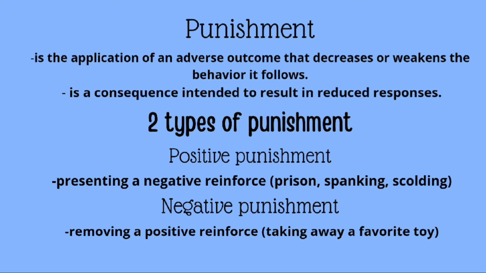There are also two types of punishment: positive punishment and negative punishment. Positive punishment is presenting a negative reinforcer, such as prison, spanking, or scolding, while negative punishment is removing a positive reinforcer, for example, taking away a favorite toy.